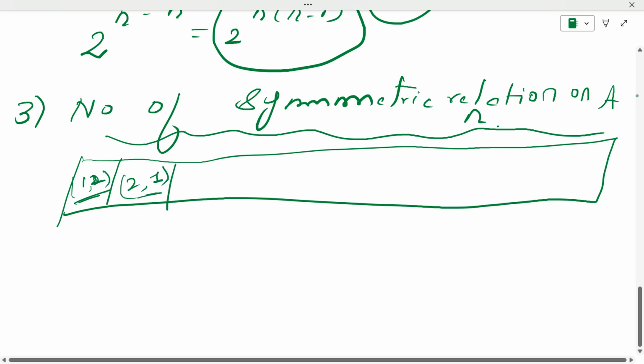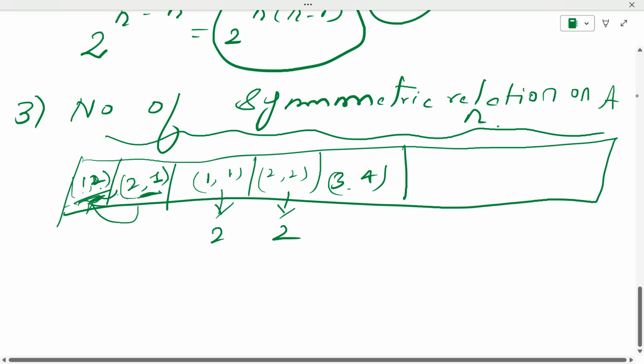So the presence of this depends on this, right? For the others, like 1 1 and 2 2, it's fine. If it is present, it can be present or it cannot be present, we don't mind. But if we are choosing things like 1 2, then 3 4, then definitely its opposite has to be present.